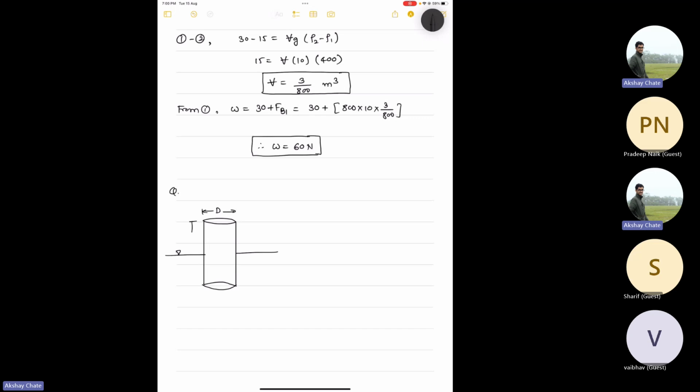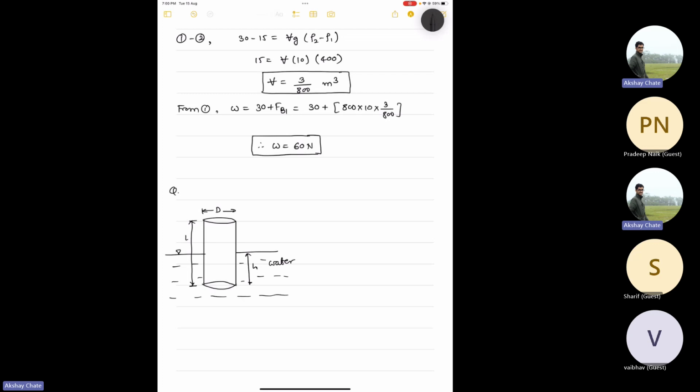The total length of the body is L, and it is submerged up to depth which is H. And it is mentioned that it is water. The fluid is water here. So this is the given information, and it is like this.